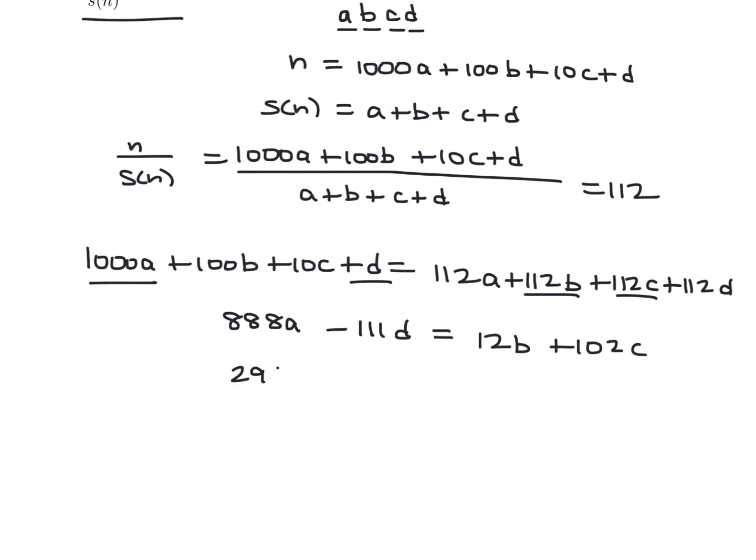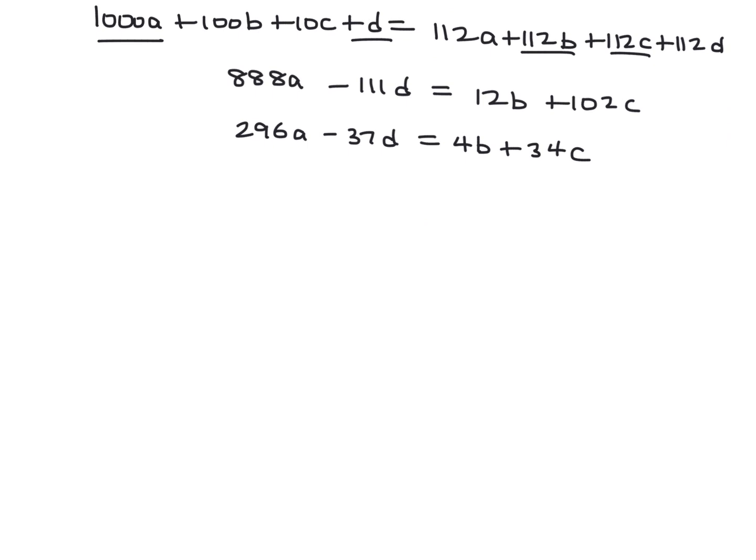So I get 296A minus 37D is 4B plus 34C. And okay, I think I can factor out a 37, and when I do, I get 8A minus D is equal to 4B plus 34C.